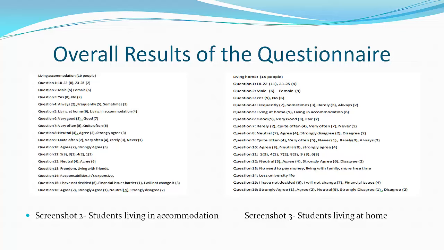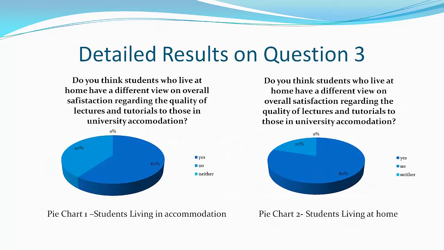The same thing for the other ones, and in the brackets you can see the number of people that answered like that. This is more of an overall result of the questionnaire, but as I said, we want to make sure that our research is relevant. So for that, we're going to move to the first detailed question that we chose.